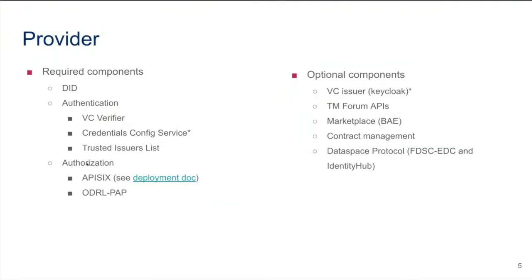We also need the authorization components, mainly the API gateway, the APISIX that Stefan mentioned. We use the official APISIX Helm chart, so if you have doubts specific to the configuration, you can go directly to the official documentation, and the ODRL PAP.